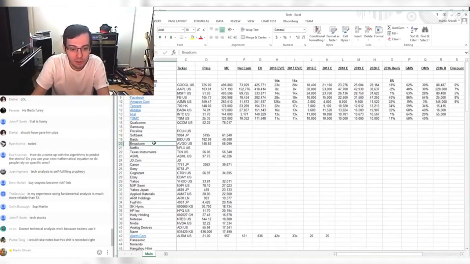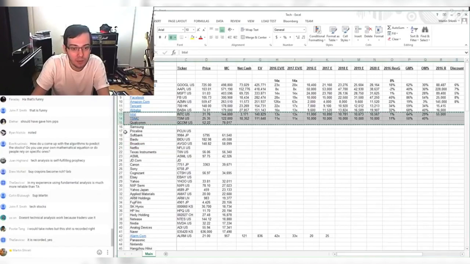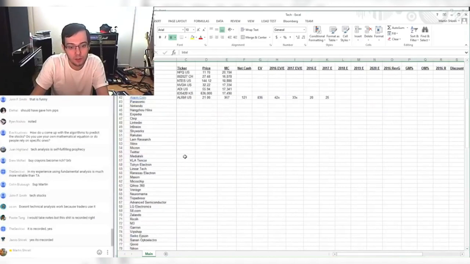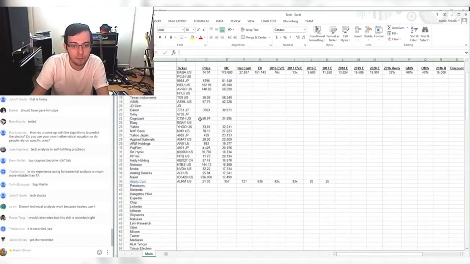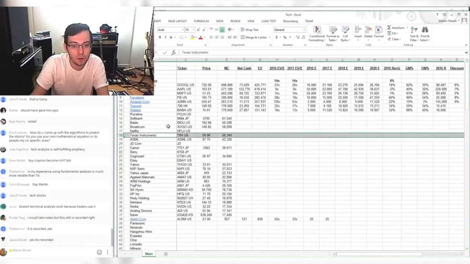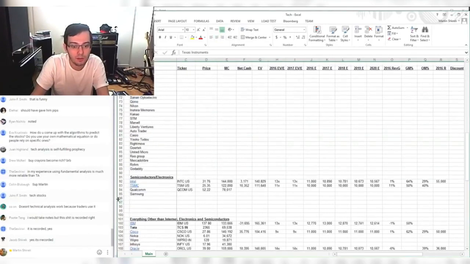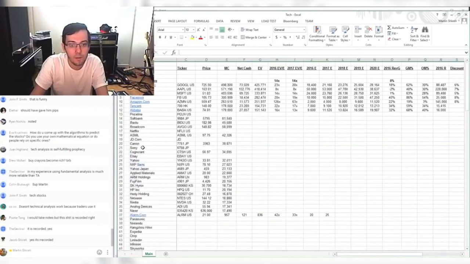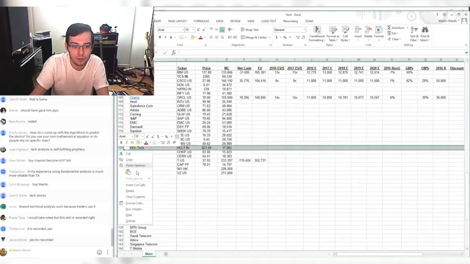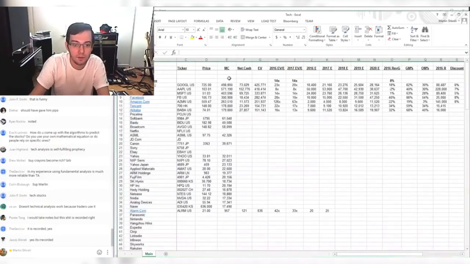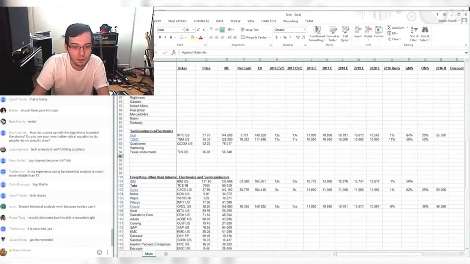So I'll move some of these, like Intel, Taiwan Semiconductor, and Qualcomm, maybe Samsung. I'll move these over to our other section here. Texas Instruments, Broadcom. These are all semiconductor companies, and they're going to have fundamentally different properties from what we're used to. Cognizant is neither of those. Applied Materials, ARM. These are all semiconductor companies.